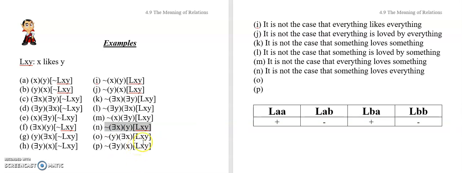Let's go ahead and try the last two. Pause now. So for O, we've got everything is loved by, okay, at least one thing. Everything is loved by something, and then of course you've got it is not the case that.